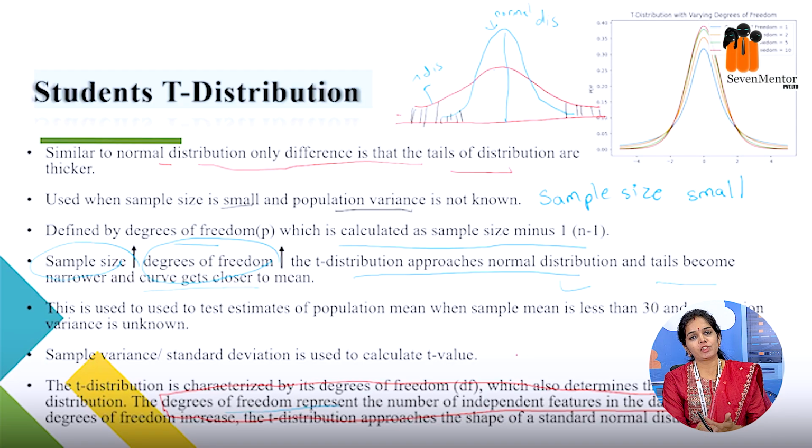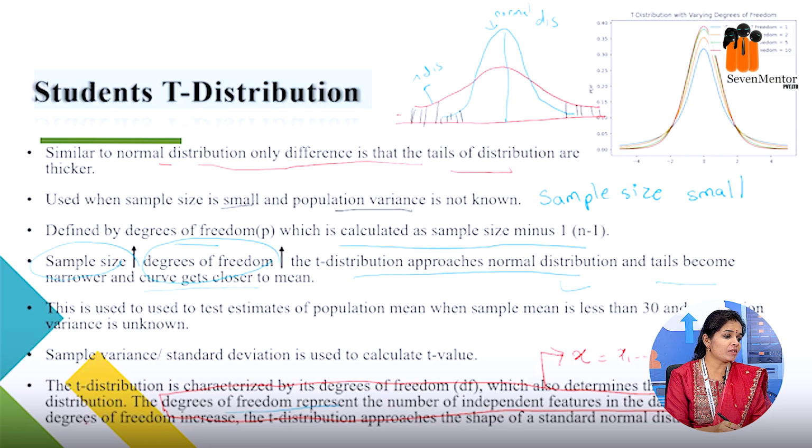These independent features are introduced in machine learning models. The independent features are nothing but x, so x will be from x1 to x infinity, like we have multiple columns, multiple inputs, while building models. So degrees of freedom represent the number of independent features in the data set.